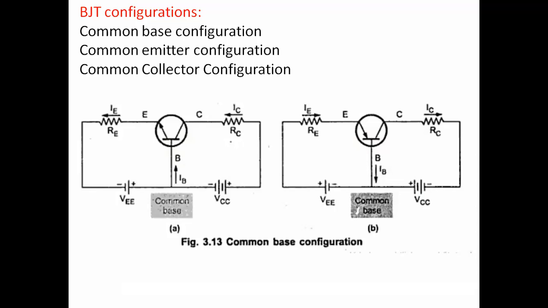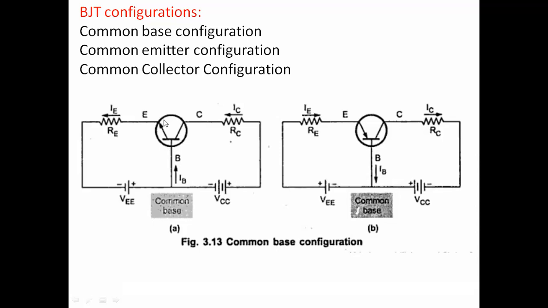To take the output, we use two terminals, with respect to another terminal. That other terminal is made common, so these are called common configurations. Based upon the terminal which is made common, it is called a common configuration.